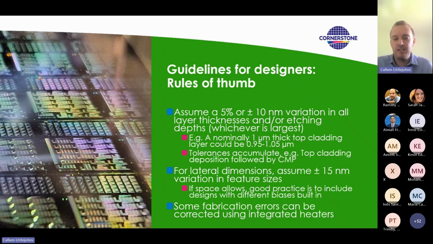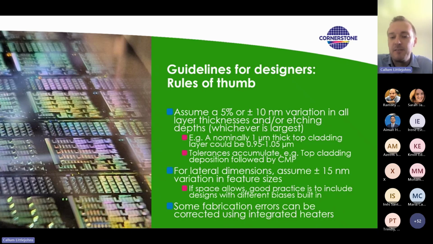Now, when we're talking laterally in terms of feature size dimensions that are defined by lithography process, a sensible rule of thumb is to assume a plus or minus 15 nanometers in all dimensions. So what you can do, if time allows, is take your ideal device, make it 15 nanometers smaller, make the etch depth 5% shallower, and model the effect of that, because that will then tell you what you may get from a real device.